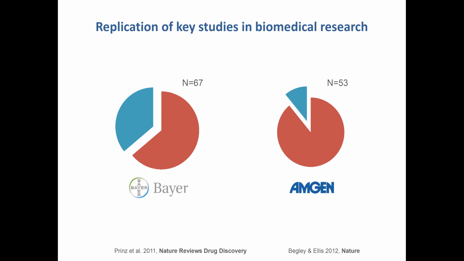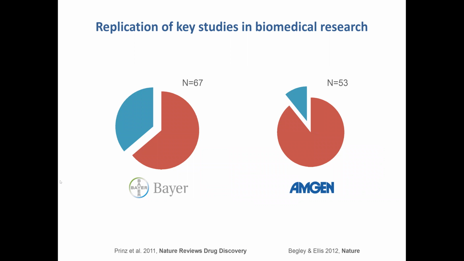In both cases, researchers from these companies took a bunch of published studies, published in high-ranking journals, studies that were considered key contributions in the respective field, one was cancer research, the other was neuroscience, and they tried to replicate all these studies.